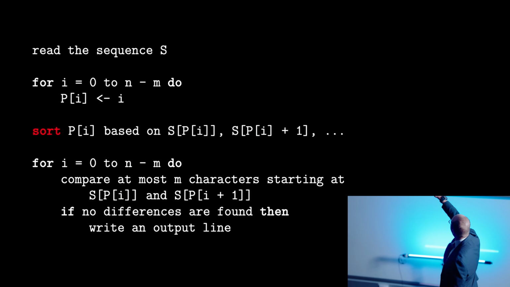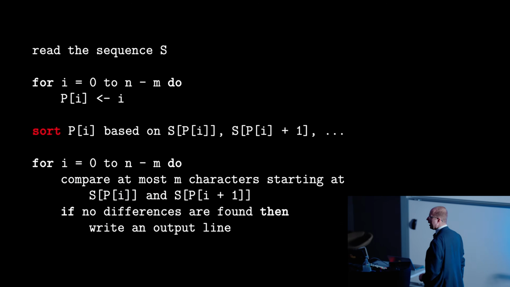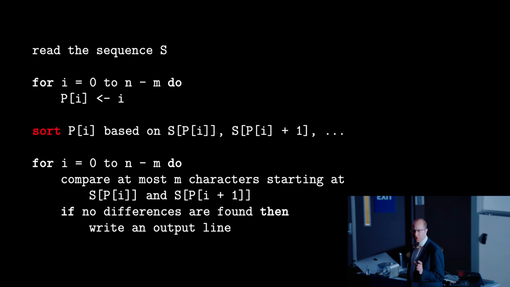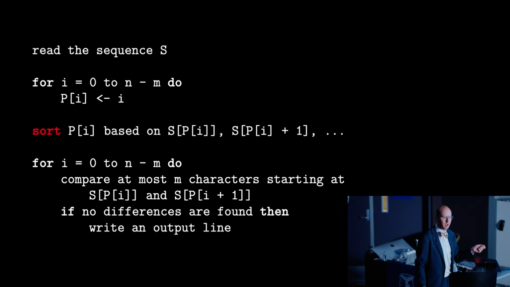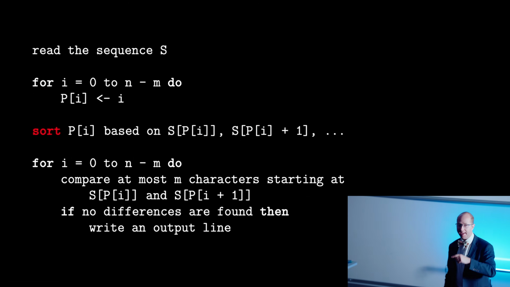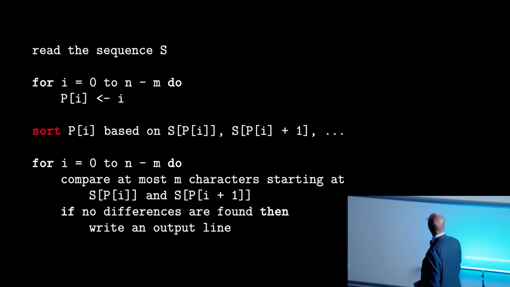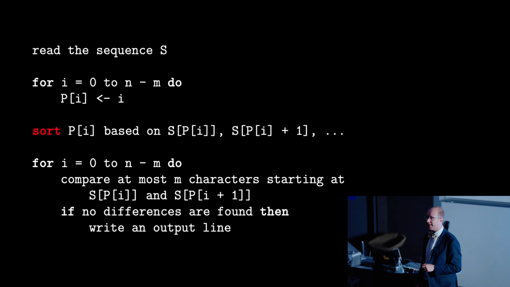So for i up to n minus m, start the string at position i and put that into our array. Now you'll notice that I'm not actually copying the entire string in. What I'm copying is just the index, and we can use that later. Then sort that array of indices based on the substrings that start at that index.